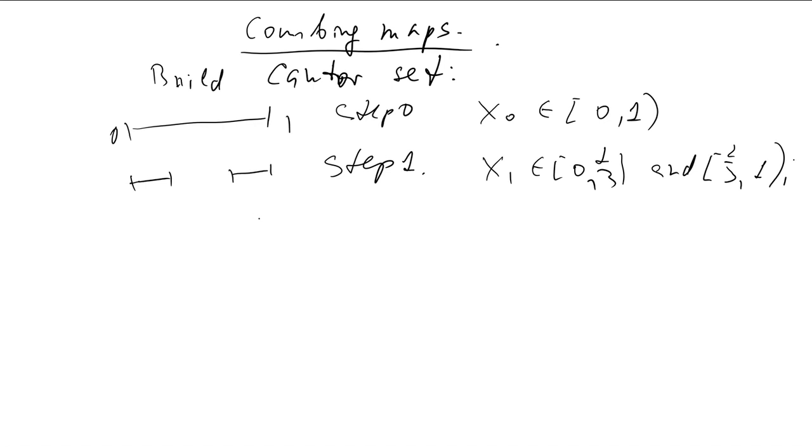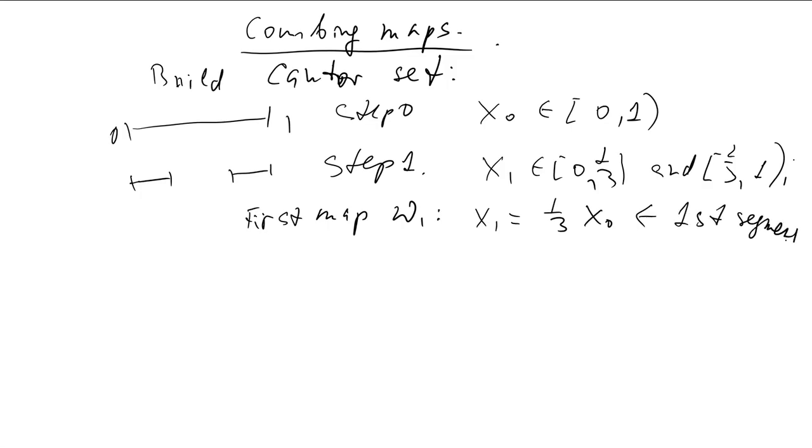The first map, we'll call it omega 1, is like this: x_1 equals 1/3 x_0. And the second map, omega 2: x_1 equals 1/3 x_0 plus 2/3.